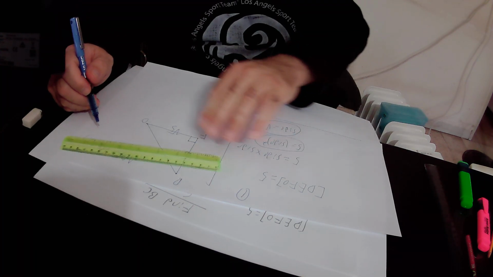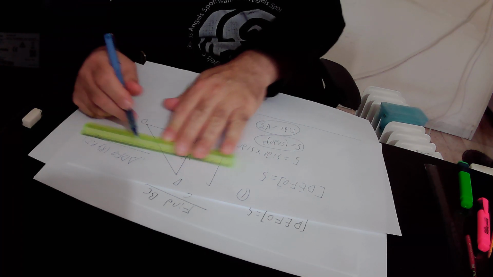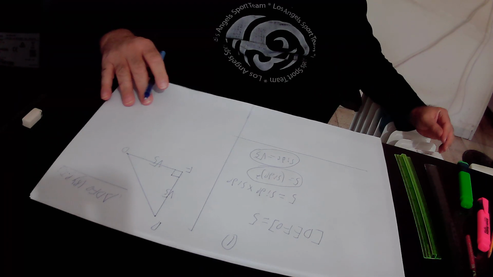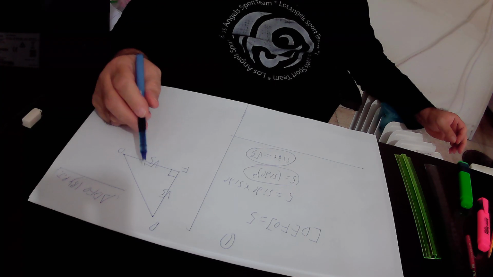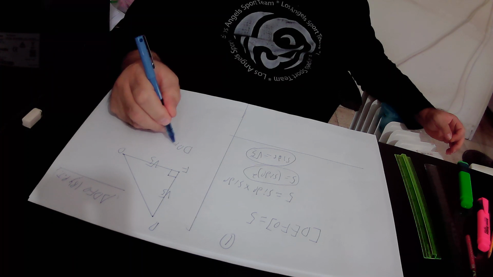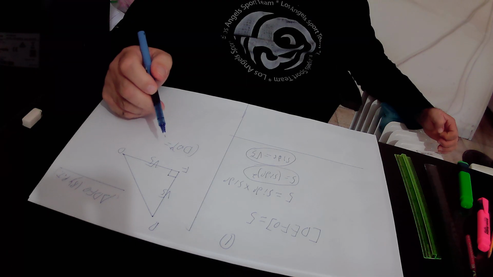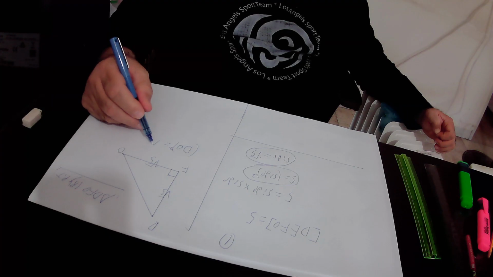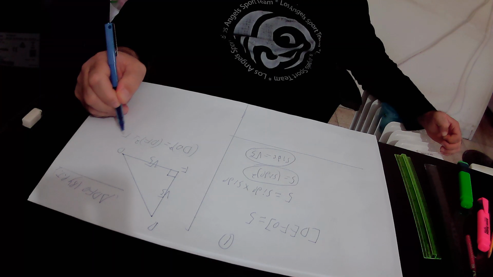According to the Pythagoras theorem, in any right triangle, the square of the hypotenuse equals the sum of the squares of the perpendiculars. In this right triangle DFO, the hypotenuse is DO, therefore the square of the hypotenuse is DO square. It must be equal to DF square plus FO square.